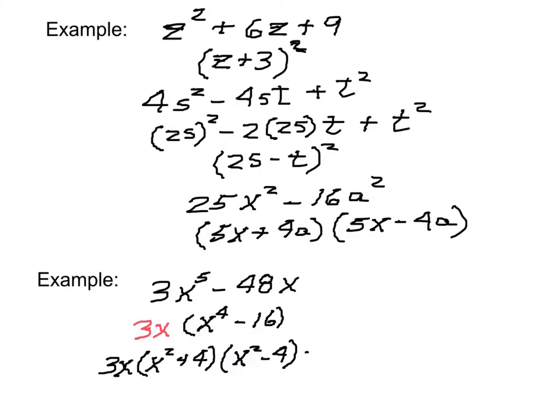And now what do we end up with? We end up with 3x times x squared plus 4 times x plus 2 times x minus 2. And here we've completely factored our original expression.